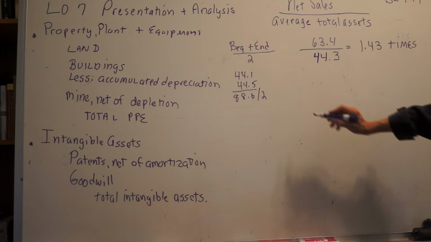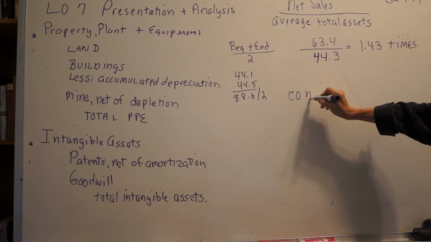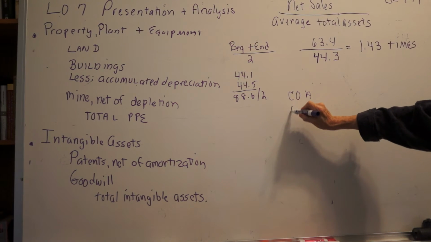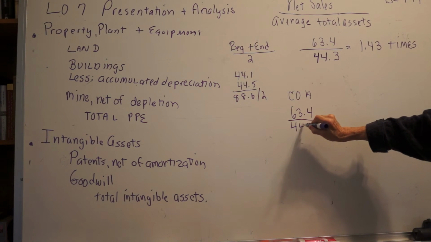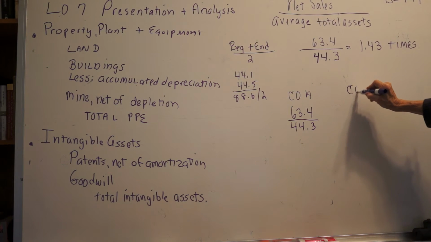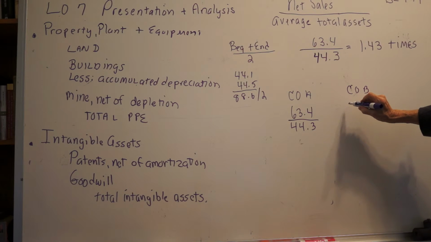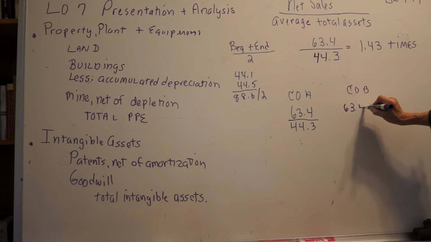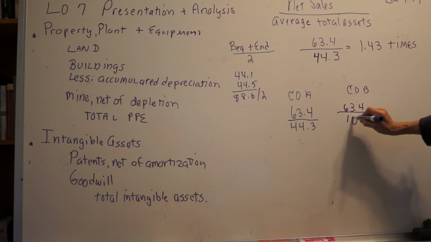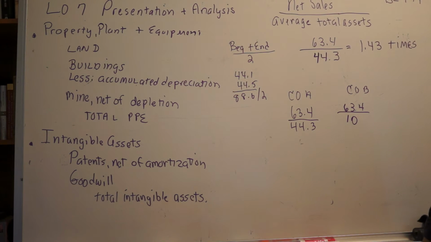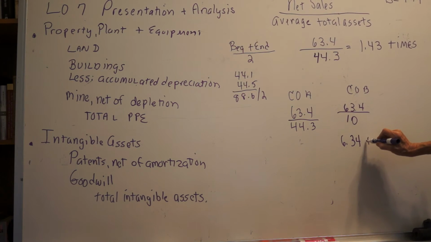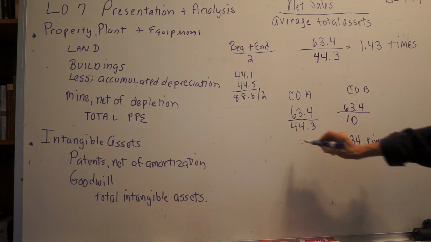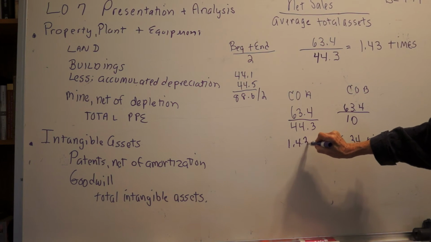So let's just say that we're company A, and we've got our 63.4 over total assets of 44.3, and we've got company B that has the same net sales, but they're generating those sales on average total assets of 10. So they have a 6.34 asset turnover ratio, and ours is 1.43.